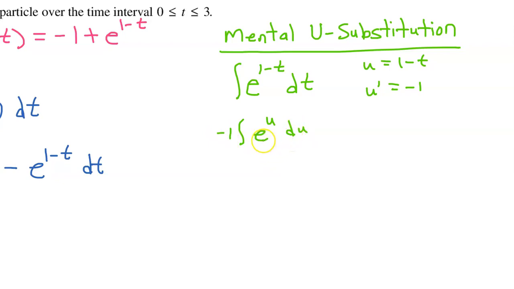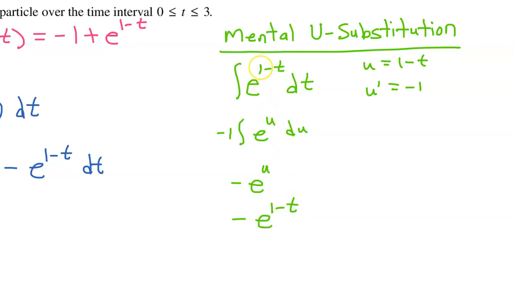The derivative of e to the u power is still e to the u power. We don't need the plus c because it is actually a definite integral. So that part doesn't change, and we just bring down the negative 1. And then u was 1 minus t, so we have negative e to the 1 minus t power.